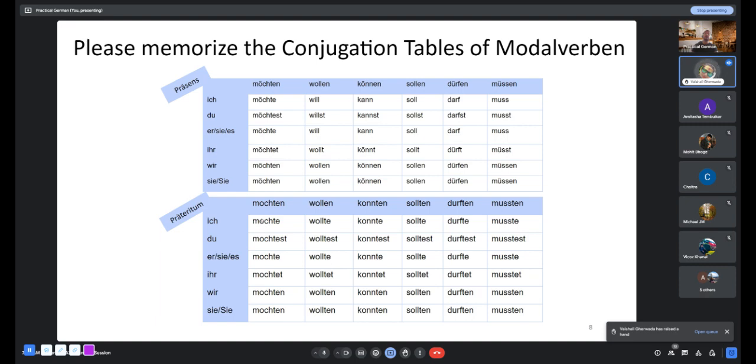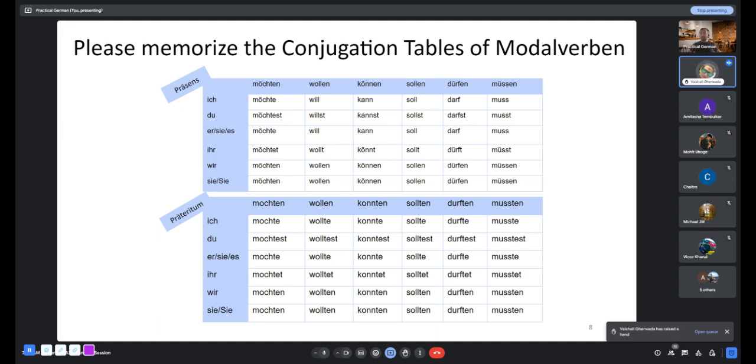Ich mochte, du mochtest, sie es mochte, ihr mochtet, wir mochten, sie mochten. Ich wollte, du wolltest, sie es wollte, ihr wolltet, wir wollten, sie wollten.